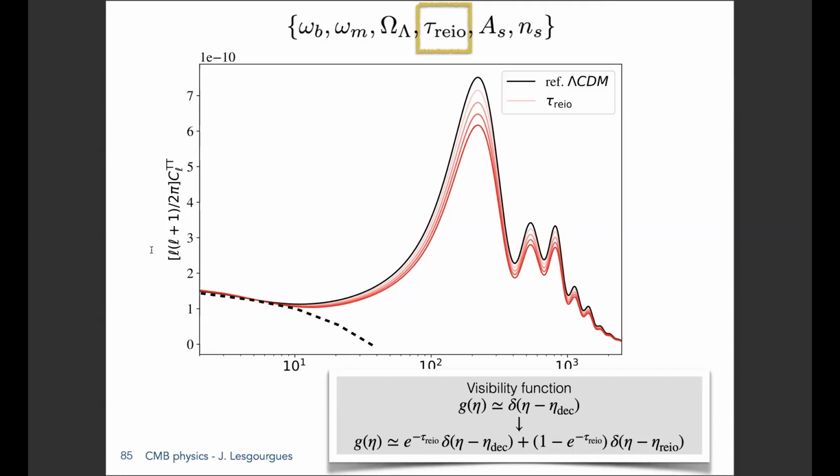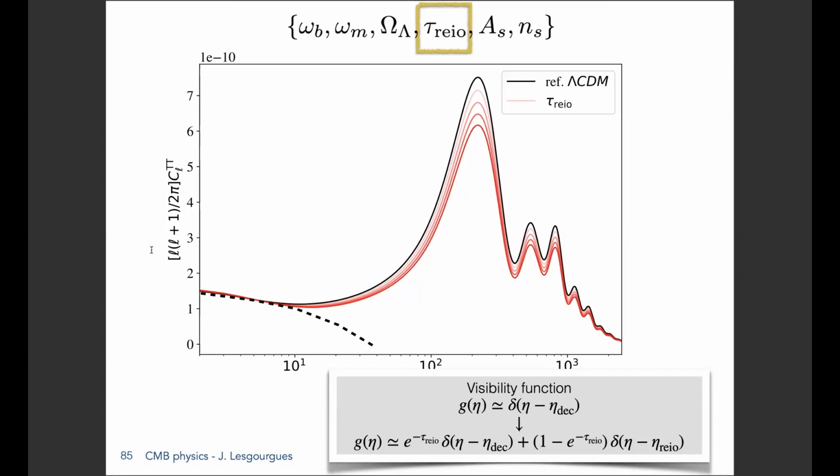Yes, we do. If we increase tau rho, it means that we give more and more weight to this peak, less and less to this one. It means that we have a smaller fraction of the CMB photons that we observe that originate from the last scattering surface, and a larger fraction that originate from reionization.